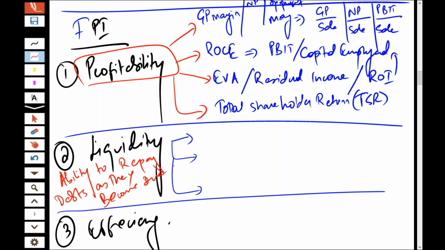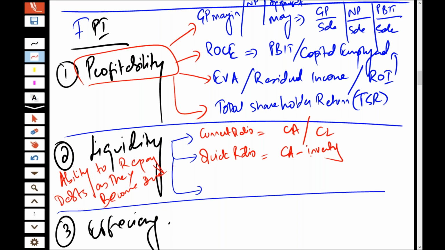So one of them is the current ratio, which is simply the current assets divided by the current liabilities. There's another one which is termed the quick ratio, which is current assets less inventory divided by the current liabilities.